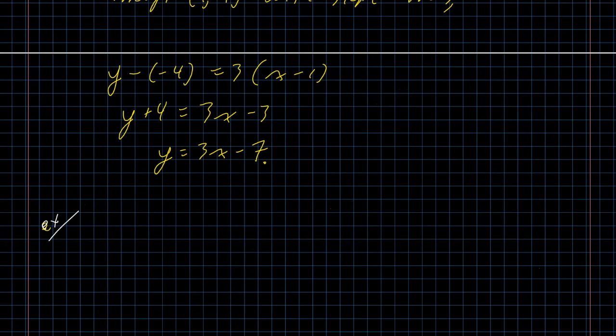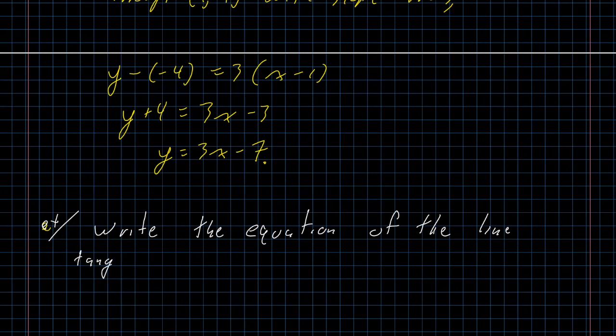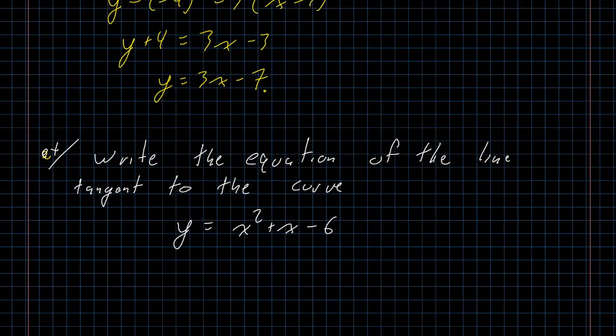So for example, if I want to write the equation of the line which is tangent to the curve y equals x squared plus x minus 6 at the point x equals 1.